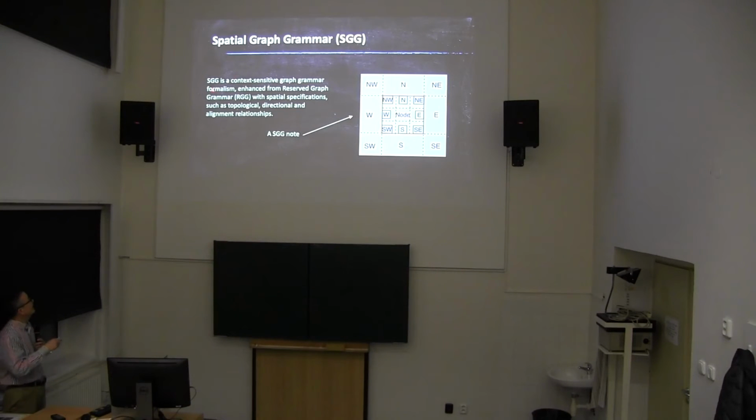This is our established foundation. We call it special graph grammar, and that is our own grammar. We have published quite a few papers on this in the past 20 years. This is just the notation, the SGG node. You can see that we can connect to the northeast, the east, the southeast, and so on.